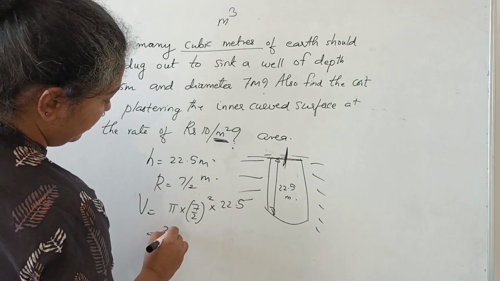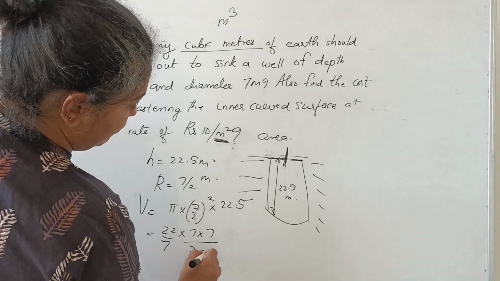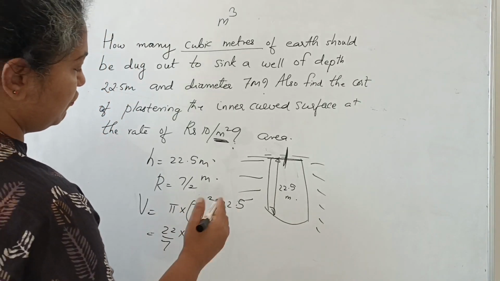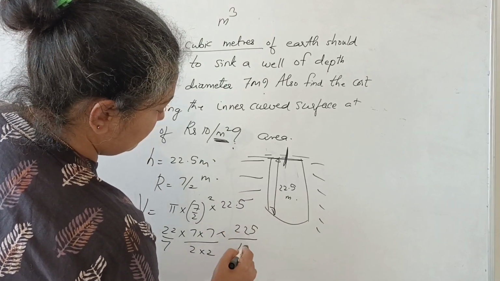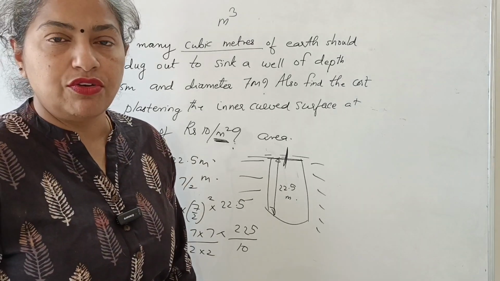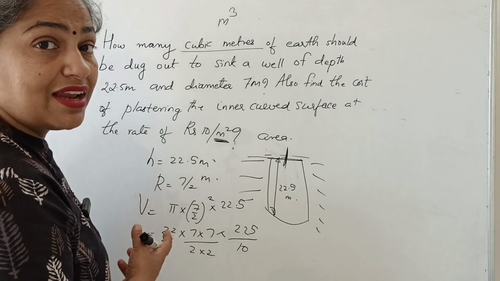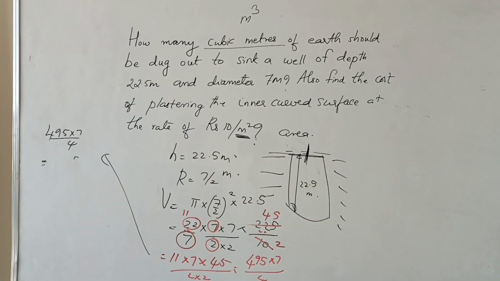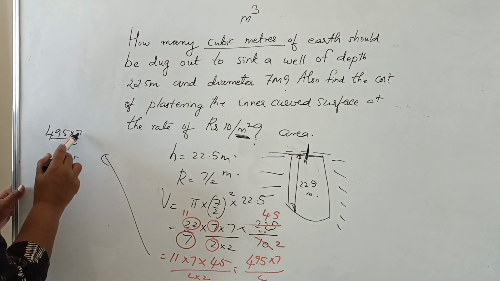Now this becomes 22 by 7 into 7 into 7, 2 into 2 into 22.5. Okay. You know why I have written 225 by 10, because I need to work with fractions. So please do the calculation and see what you are getting. So I am getting 495 into 7 by 4.